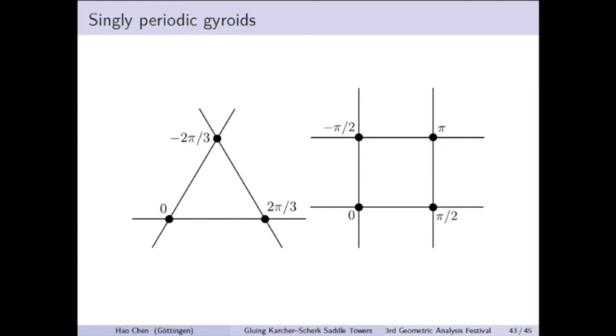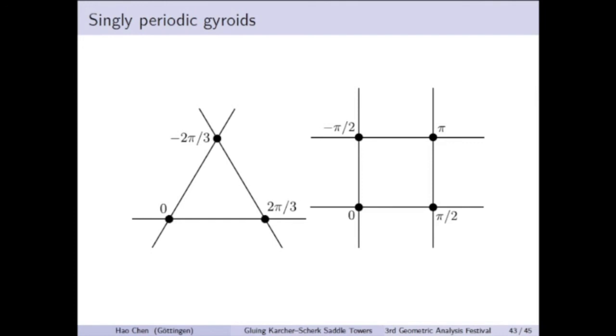It is actually inspired by the rhombohedral gyroid. I must point out that this is not the first non-symmetric example. There was another example constructed in 2006 by Francisco Martin and Valerio Ramos Batista, but their technique was very different.